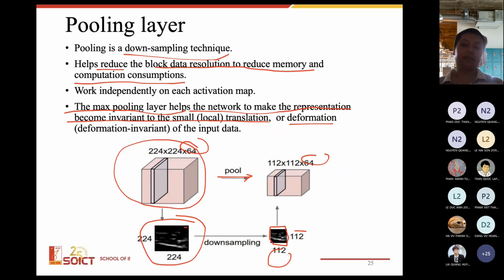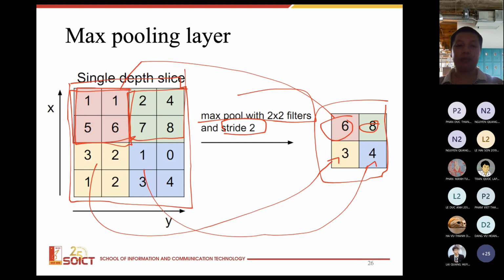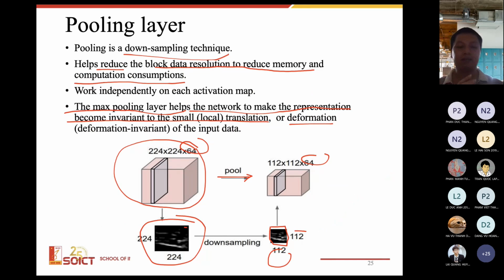In that way, the network can make the representation invariant to small translation. For example, if the 6 is not here, but the 6 is here, then after the max pooling, we get the same output. If the 8 is not here, but somewhere here, so there is some kind of translation of the object in the image, then the max pooling can make the output the same.